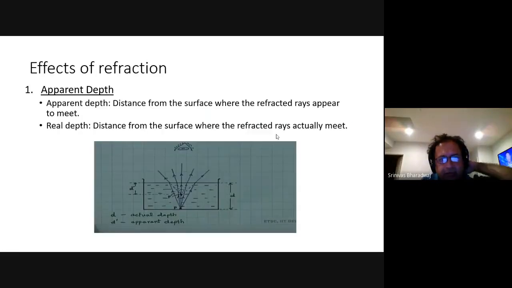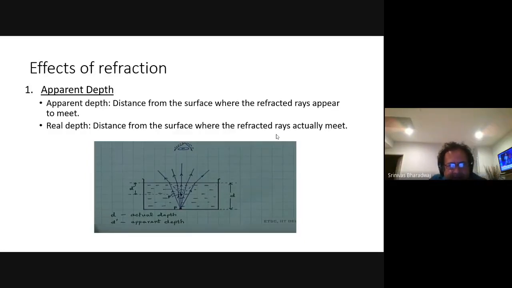So now, under certain circumstances, you have a perception that something is closer than it is. This is the apparent depth, from the surface where the refracted rays appear.